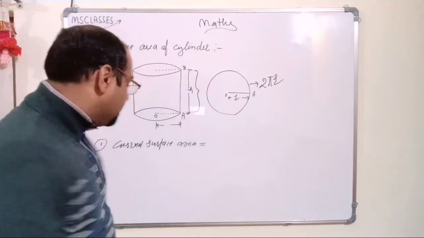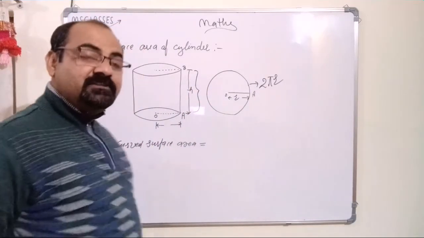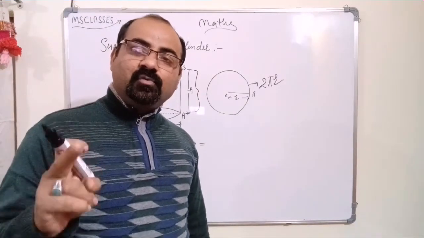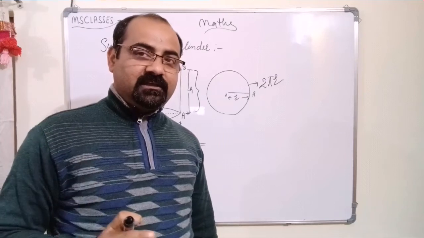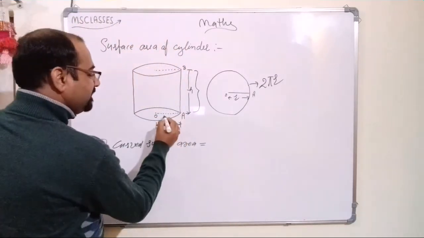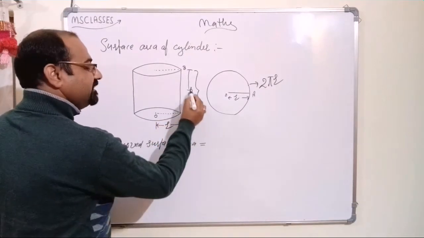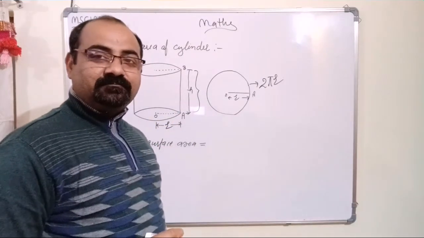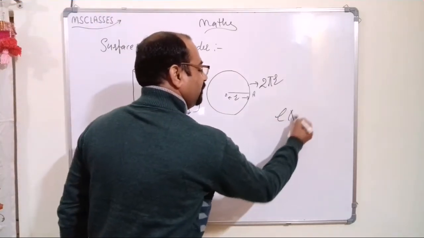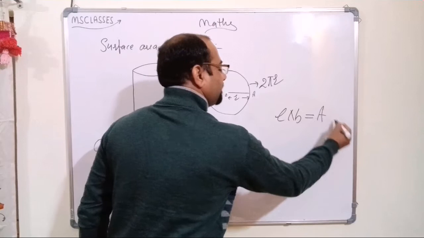Then what is the curved surface area? You know very well, we need two sides to calculate the area. Here, the first side is the circumference and the second side is h. Length multiplied by breadth is equal to area.